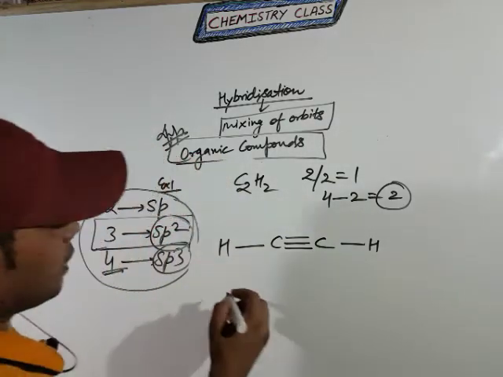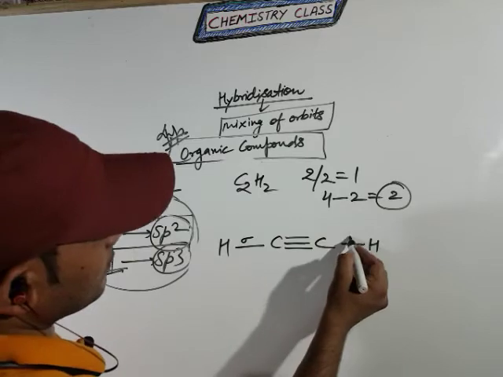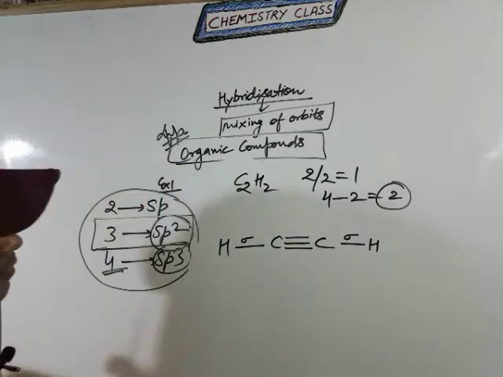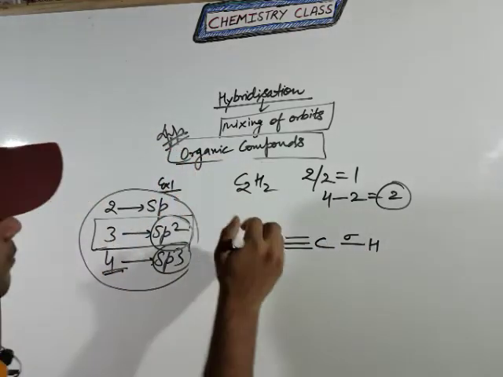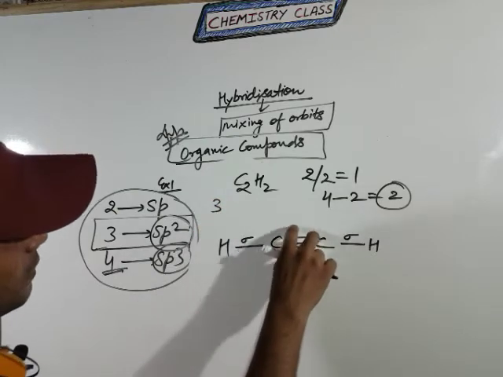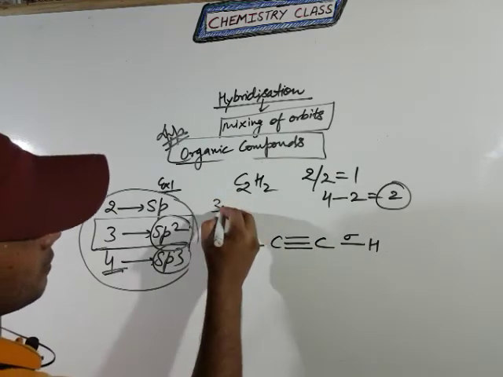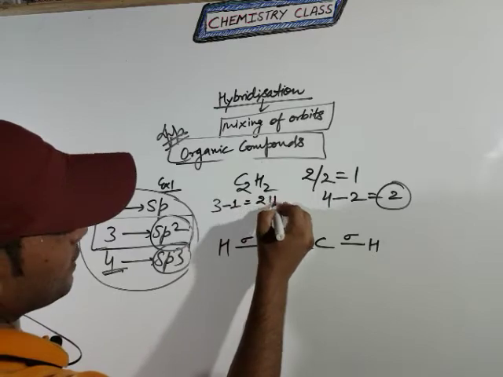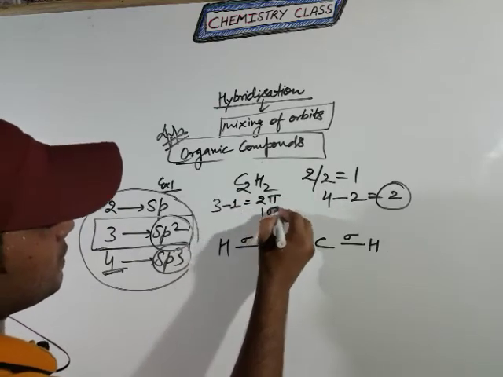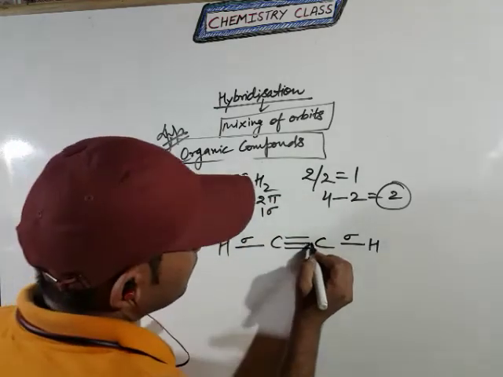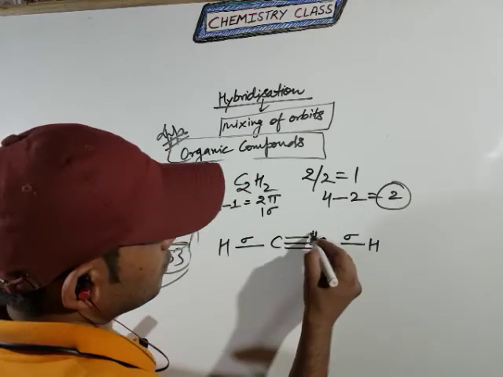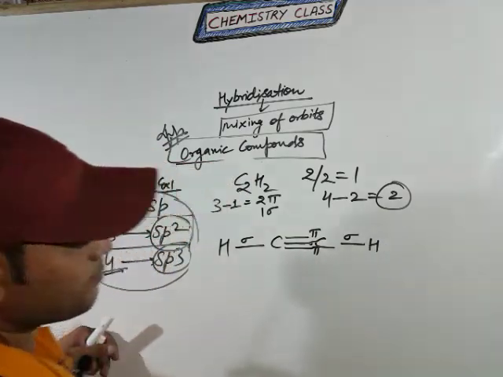So how many sigma bonds? We know that a single bond is a sigma bond. But in the triple bond, how much sigma bond? The total bond is 3. So start minus 1. So automatically 2 pi bonds will come and one is a sigma bond. So the sigma bond is the central bond, and the upper and lower ones are pi bonds.